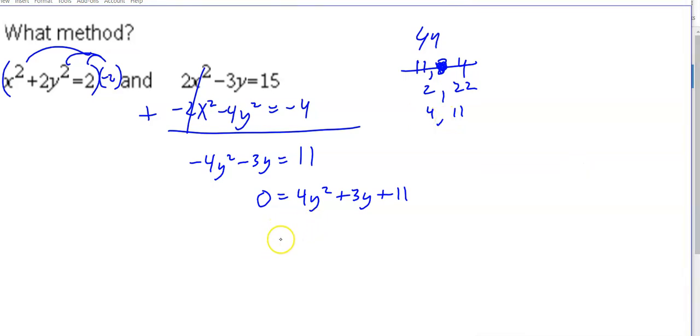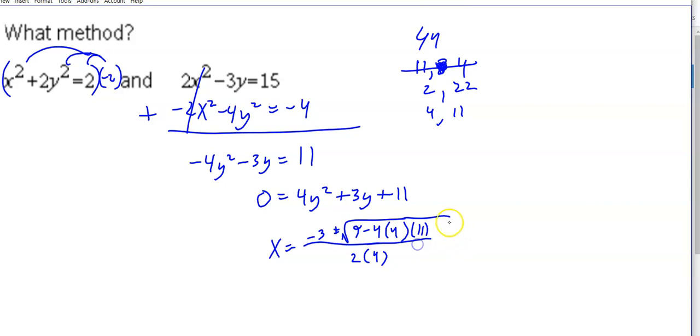So if I try the quadratic formula, let's see what happens. This would be opposite of 3 plus or minus the square root of b squared, which would be 9, minus 4 times 4 times 11, all over 2 times 4. Here's the thing, this is going to be negative, which means this is imaginary, which means I don't need it, right?